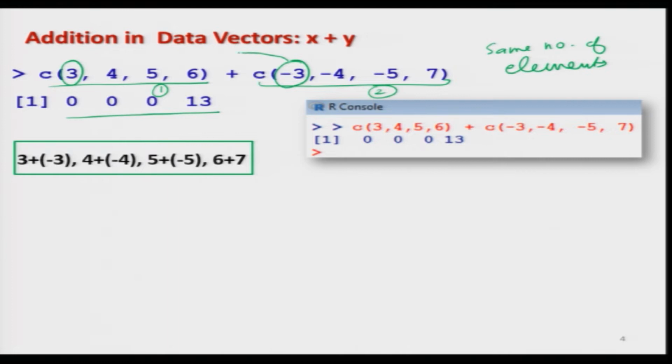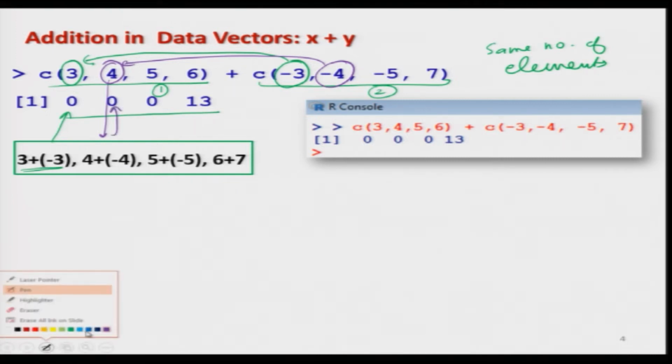So both are going to be added. So this becomes 3 plus -3, which is equal to 0. And similarly, once you take the second element of data vector 1 and the second element of data vector 2, which are 4 and -4, then these two are getting added and it gives you 4 plus -4, which is equal to 0.